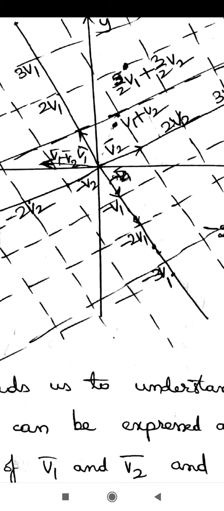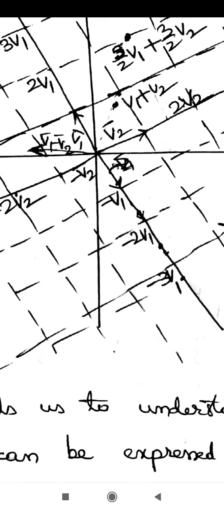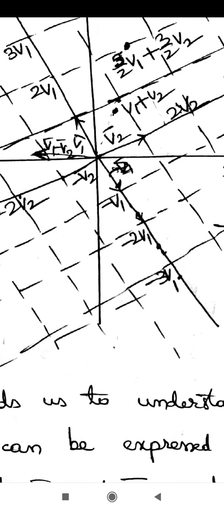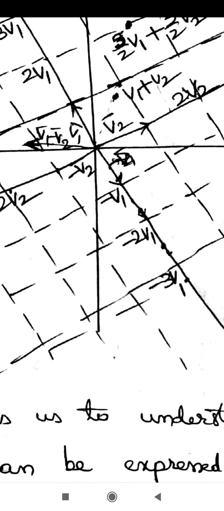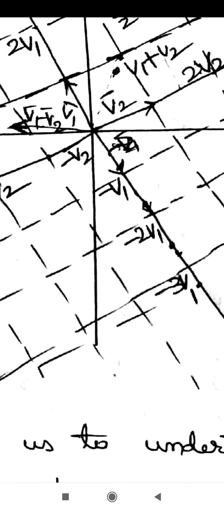And as all of them are in the xy plane, they are all intersecting, and each intersecting point, when connected to the origin, gives rise to some linear combination of these two vectors v1 and v2. Not only the positive sums, we can even have negative sums as linear combinations made of these two vectors.